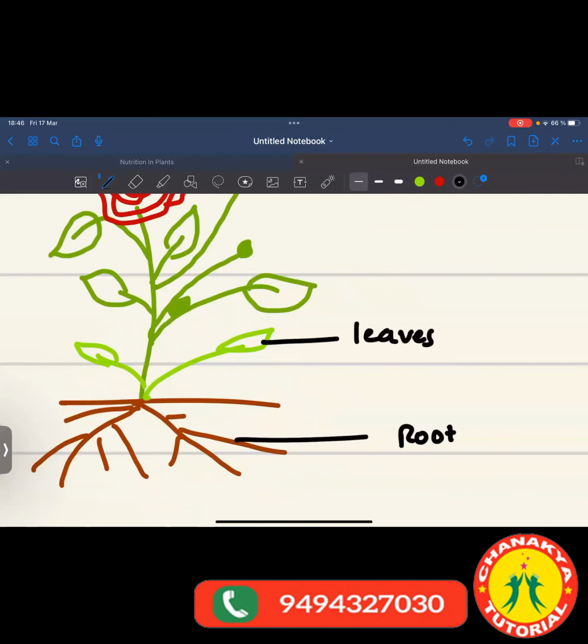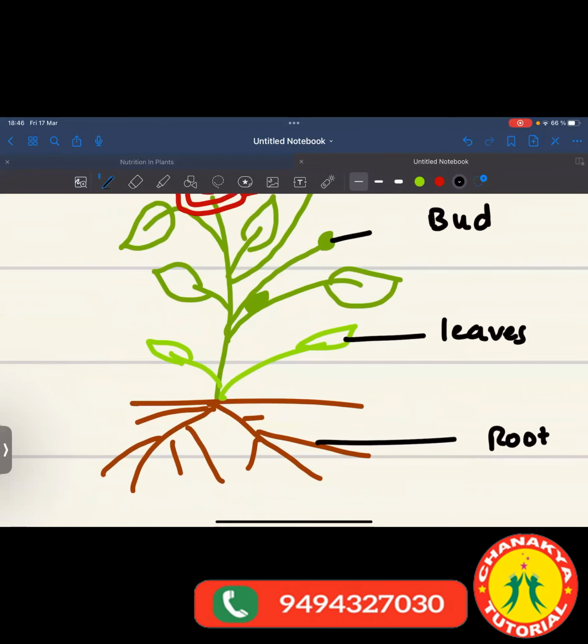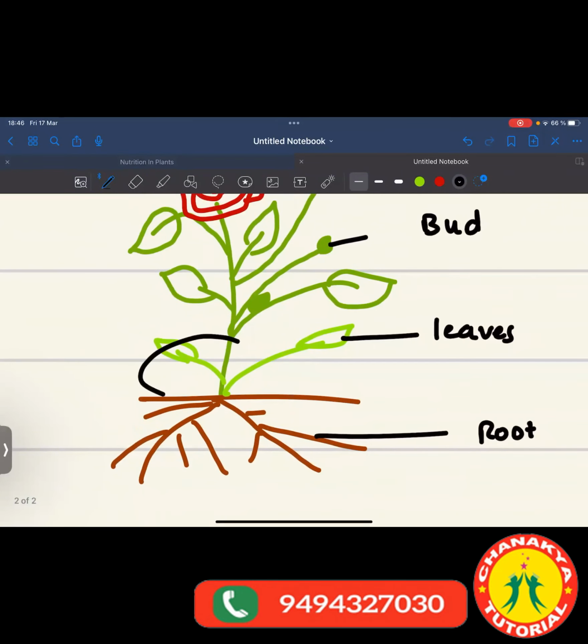Okay. What is this green portion over here? It's called the bud. Now you can see this is the shoot, the starting point of the plant.